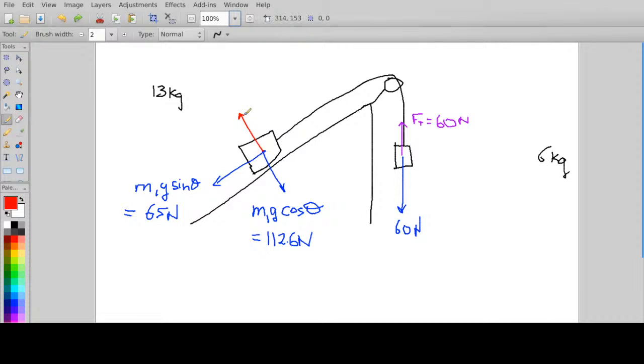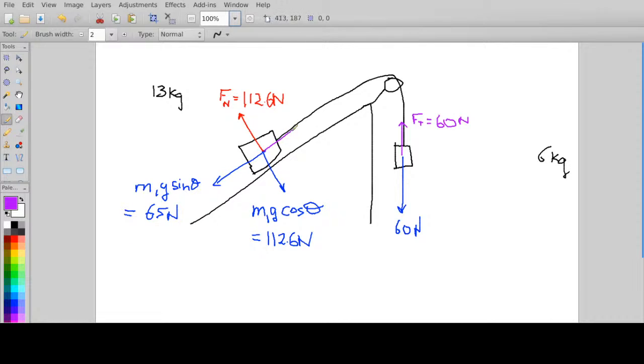Fn is equal to, well, it's got to balance that one, because there's going to be no acceleration perpendicular, and so that one's equal to 112.6 newtons.